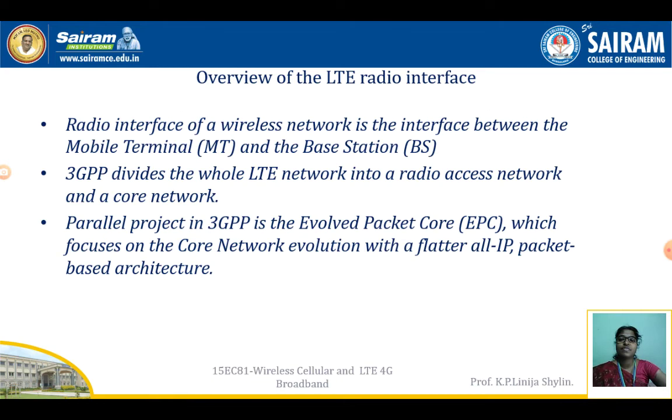The radio interface of a wireless network is the interface between the mobile terminal and the base station. The 3G Partnership Project divides the whole LTE network into two networks, the radio access network and the core network. In 3GPP, the evolved packet core focuses on the core network evolution with a flat, all-IP packet-based architecture.